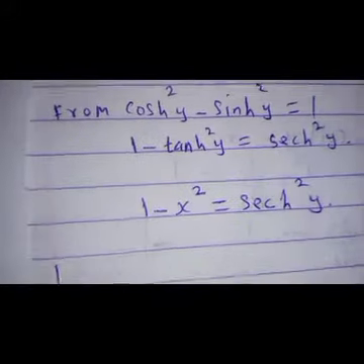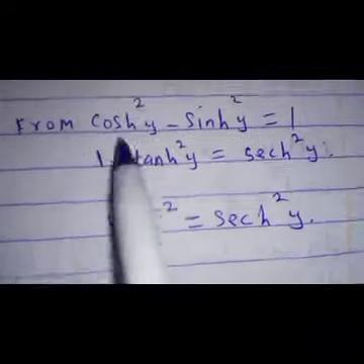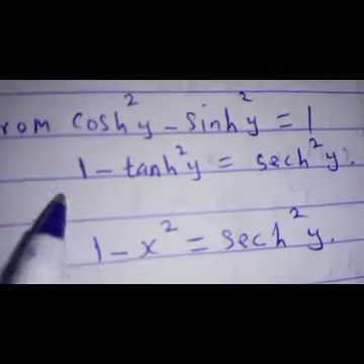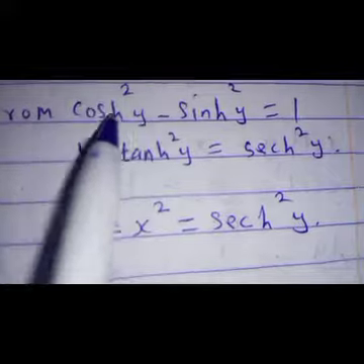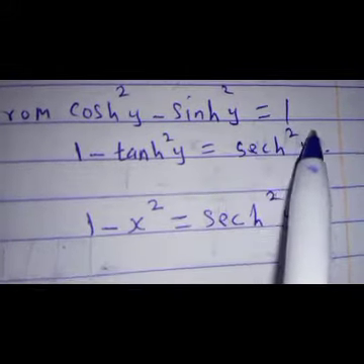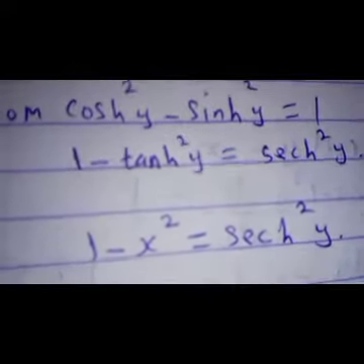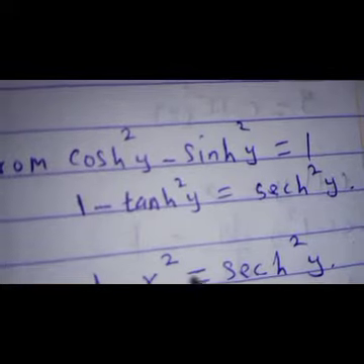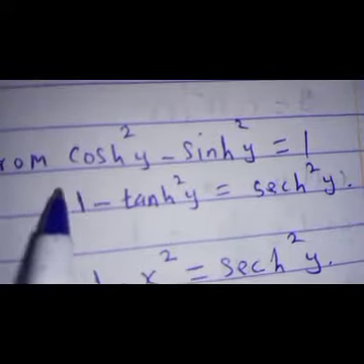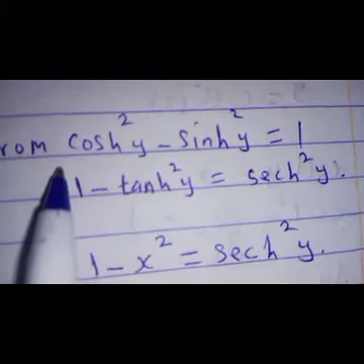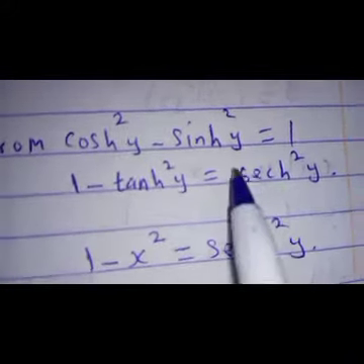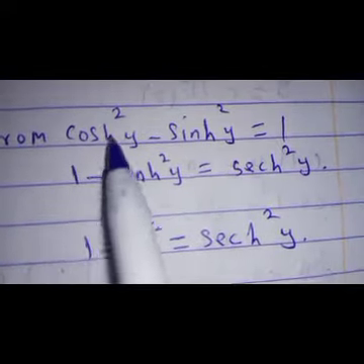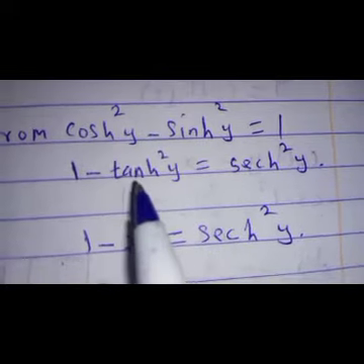Then what we are going to do is use this identity, which tells us that hyperbolic cos squared y minus hyperbolic sine squared y is equal to 1. Then we divide this equation by hyperbolic cos squared y to be left with 1, and hyperbolic sine squared y divided by hyperbolic cos squared y is equivalent to hyperbolic tan squared y.